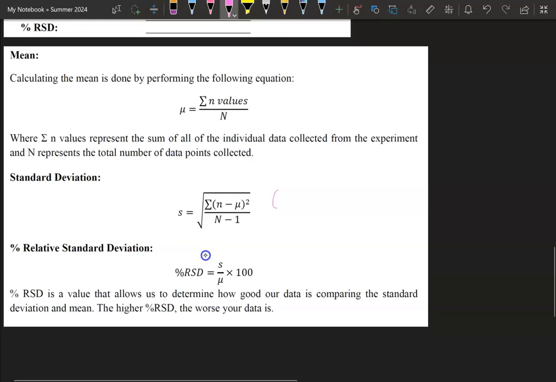So you'd have n minus mu squared, or plus the next number minus the mean squared. So let's say there's just 2. All right, so that's the summation of this. You're going to divide this by the n minus 1, which if there's 2 values, there's 2 minus 1, that gives you 1. And then everything that's done here is then you're going to take the square root of this.